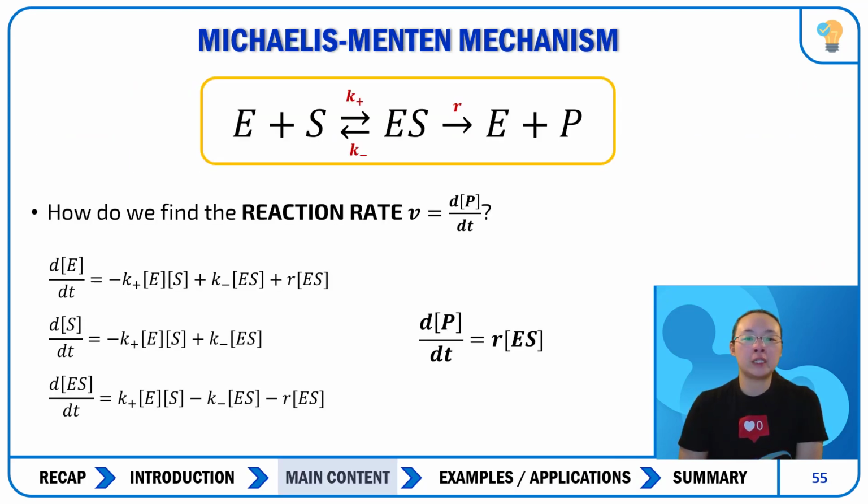We know we want to find dP over dt, which we previously defined as R times ES. One of the things we can do is get the rate constants in, K plus and K negative. We can get them all in by using dE over dt, and we can tie ES and E together by using one of the conservation laws. So why don't we start there?